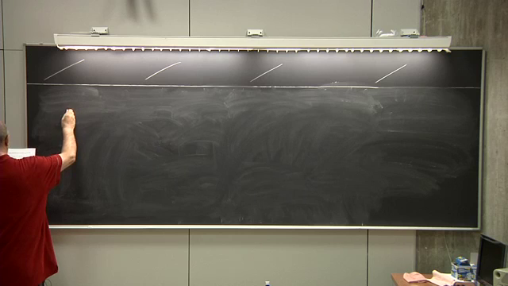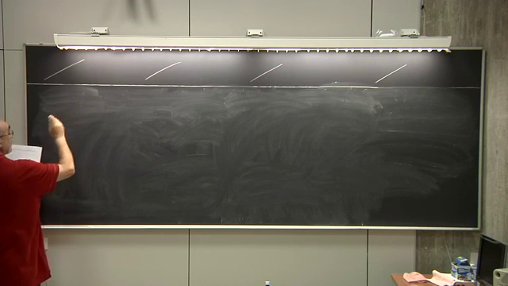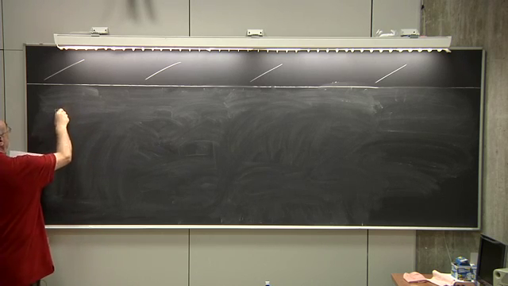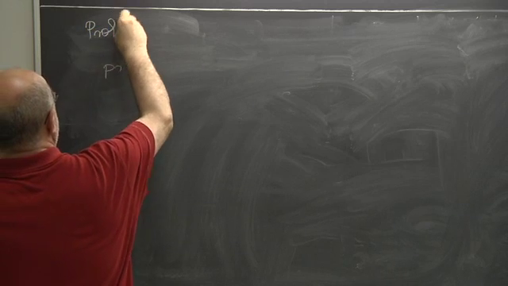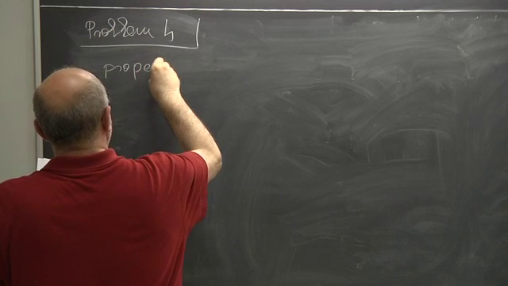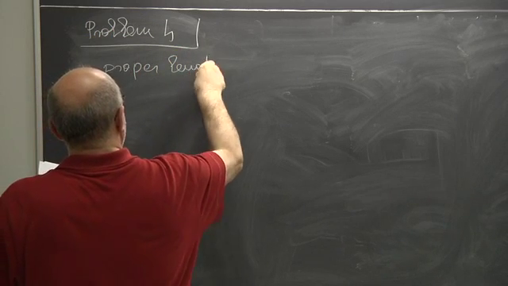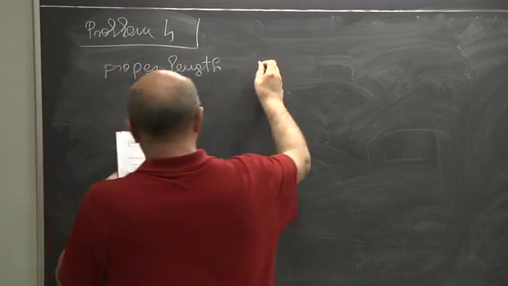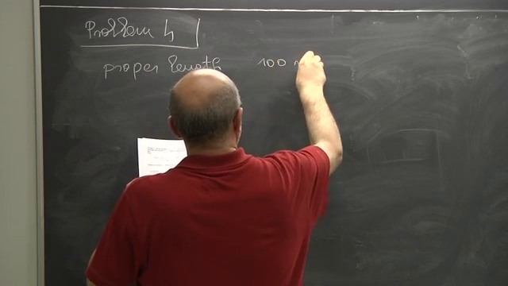Okay, now, the proper length, this time problem 4. The proper length of a spaceship is 100 meters.